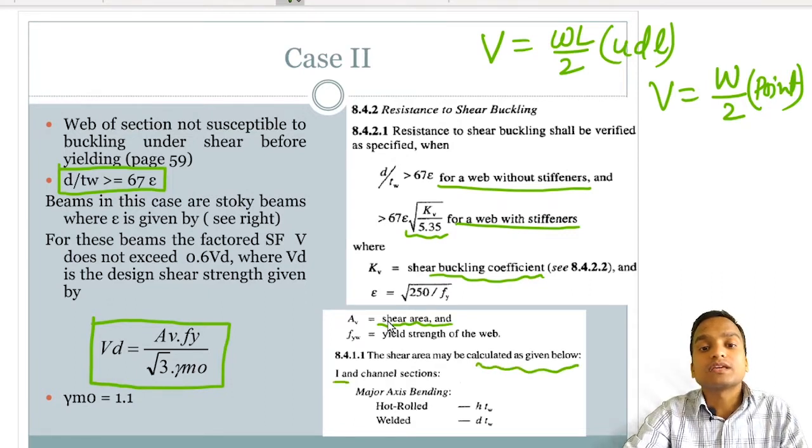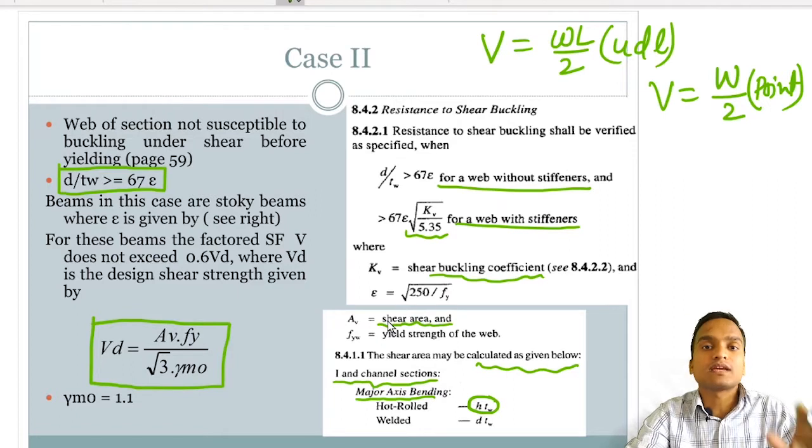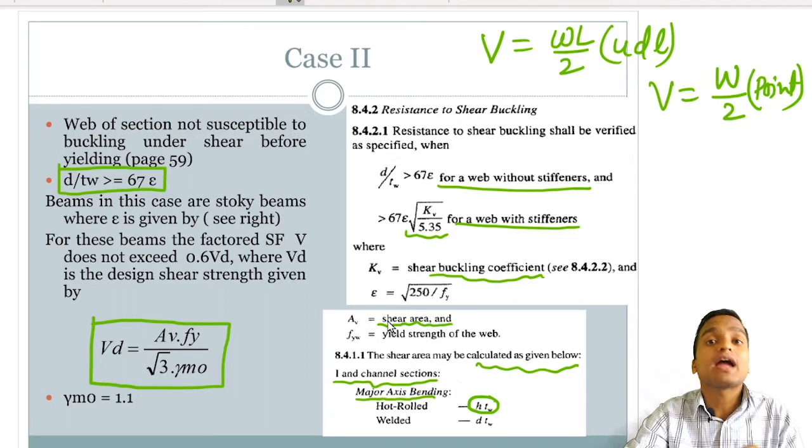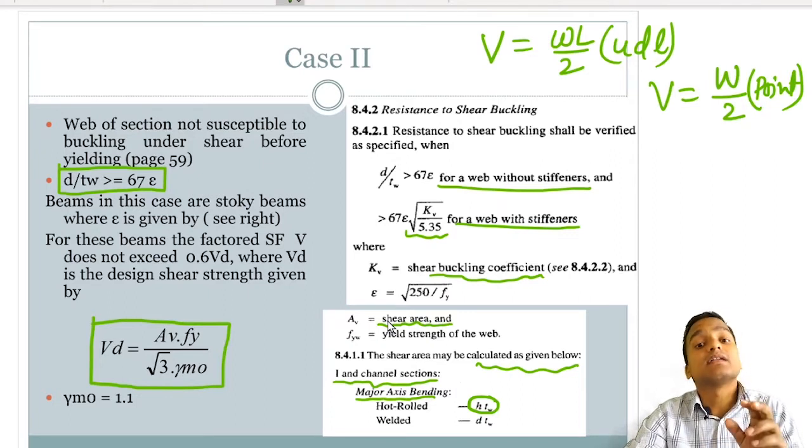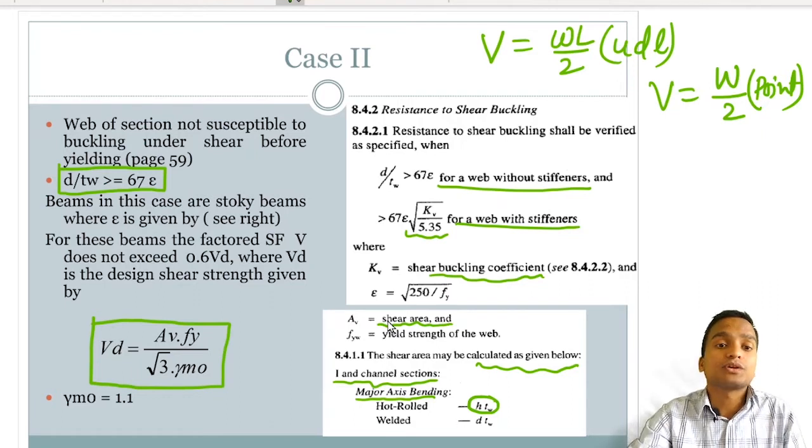In case of I and channel section, if there is major axis bending, and mostly there is bending across the major axis only, then in case of hot rolled section, AV is equal to H times TW, where H is the height of the web and TW is the thickness of the web. And in a welded box section, the value of AV will be D times TW, okay.